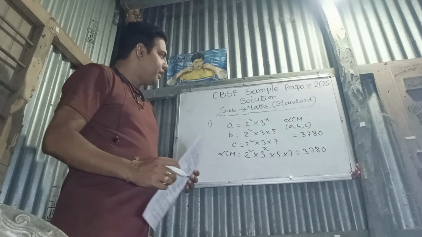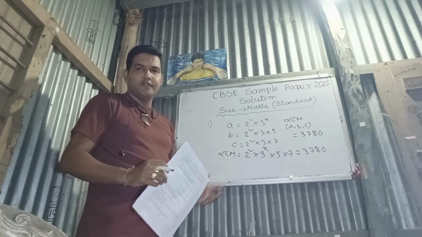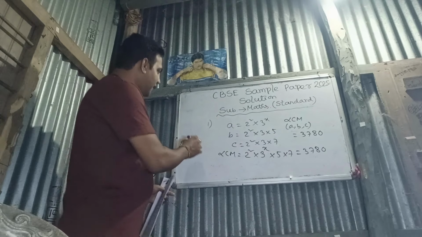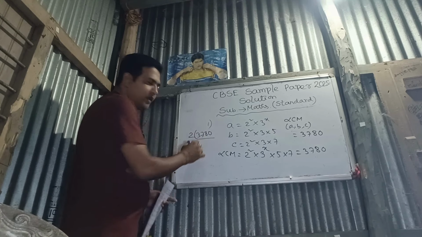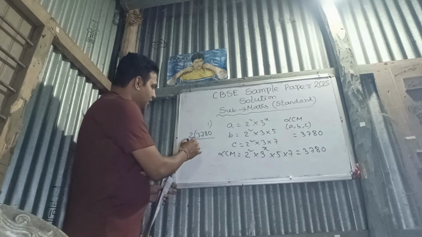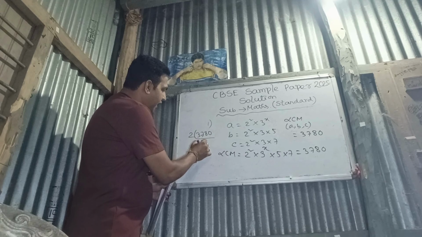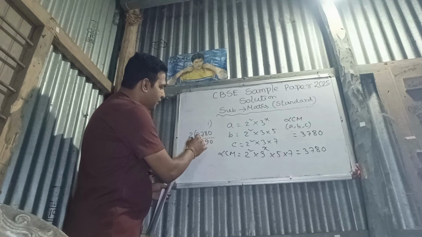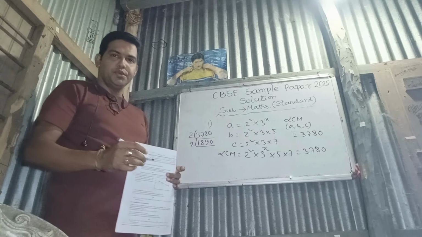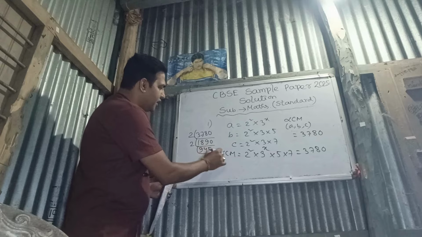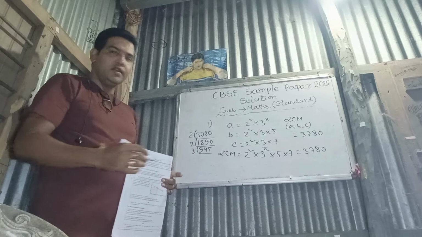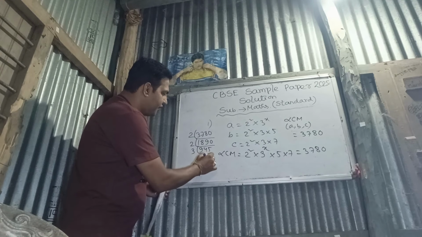Now we are going to factorize 3780. The prime factorization of 3780. Let us do it here. It is divisible by 2. 1890. Again divided by 2. So it becomes 945. Now divided by 3. 3 3s are 9, 3 15.